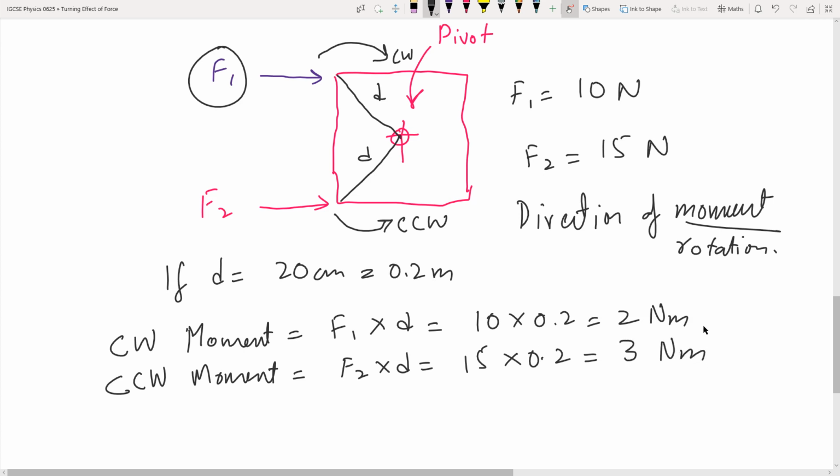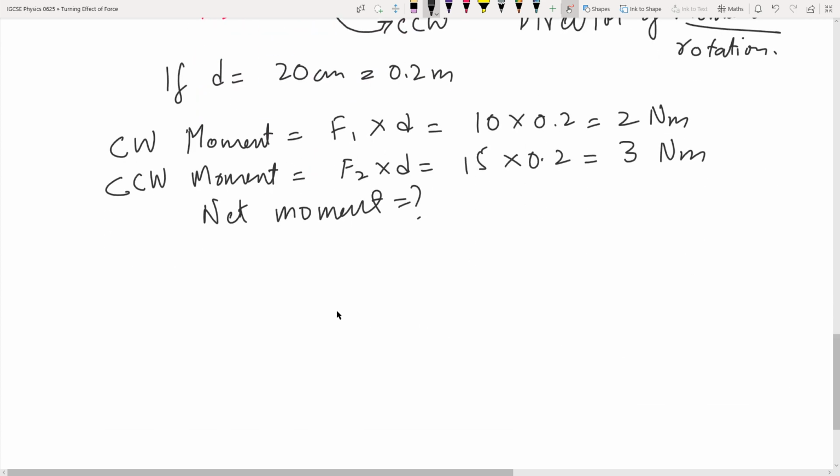So now we find the net moment. That is going to be the bigger value minus the smaller, or you can simply say whichever value is bigger. In this case your bigger value is this 3 Newton meters.